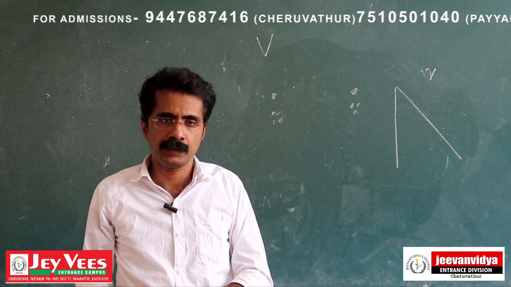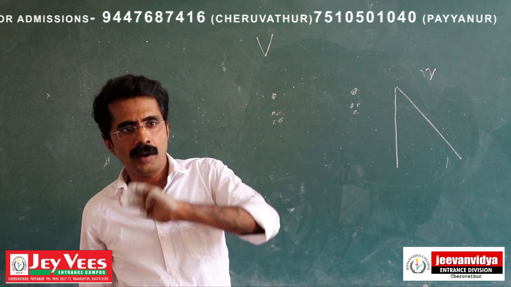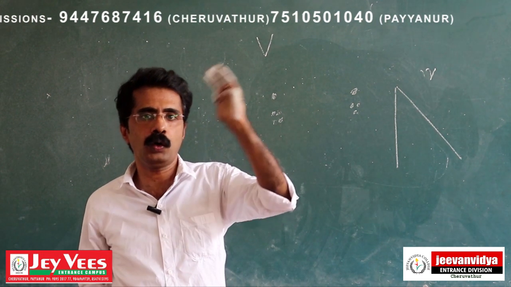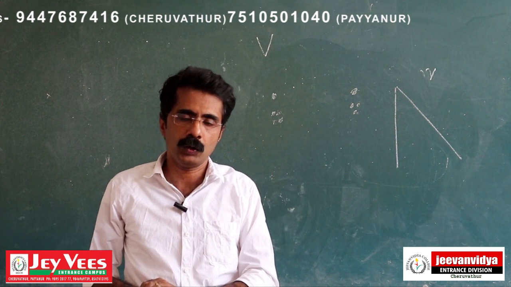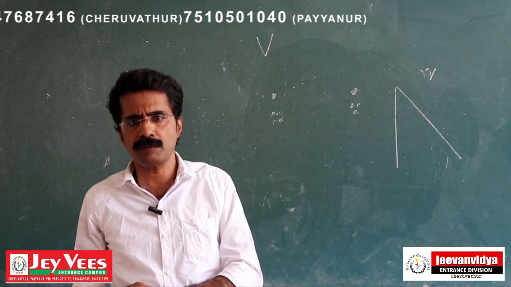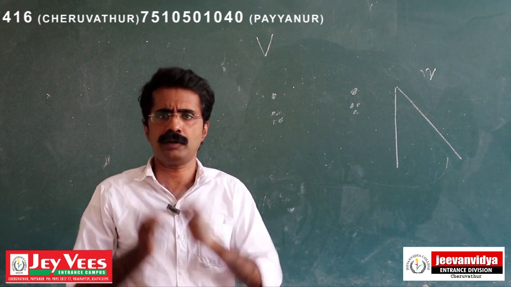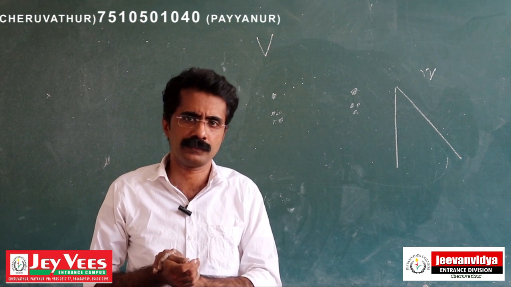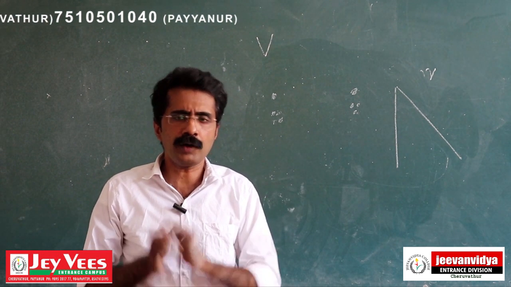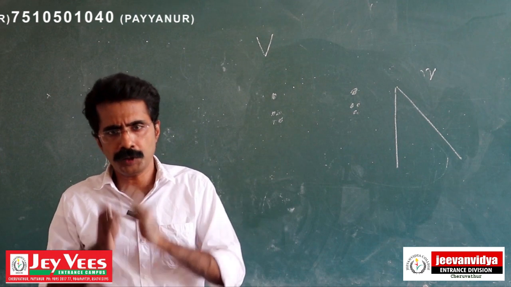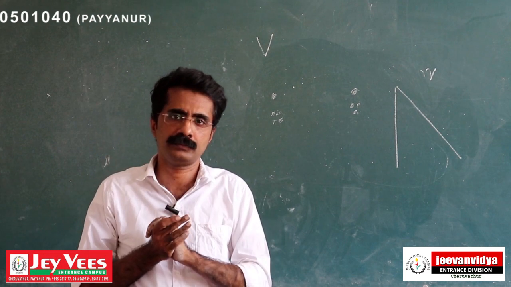Okay. So the current flows from higher potential to lower potential. What is the unit of potential difference? There is a difference, higher and lower. That is the potential difference. The unit of potential difference is volt.